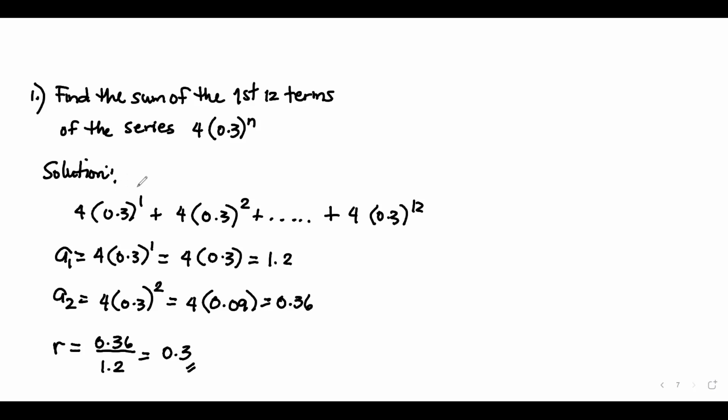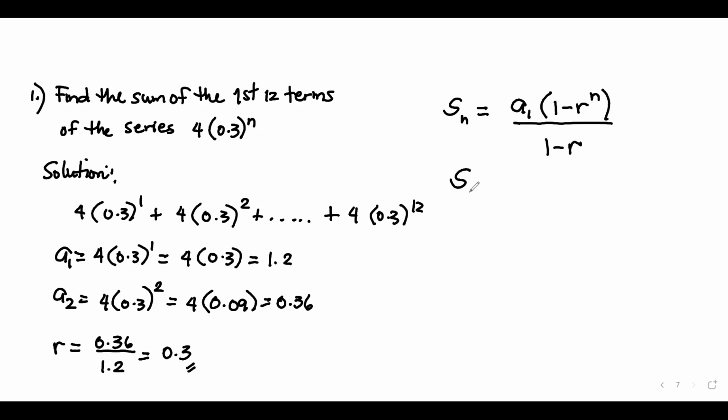So since this is a finite geometric sequence, to find the sum for the finite geometric series, the formula again, class, is S of n equals a sub 1 multiplied by 1 minus r raised to n all over 1 minus r.